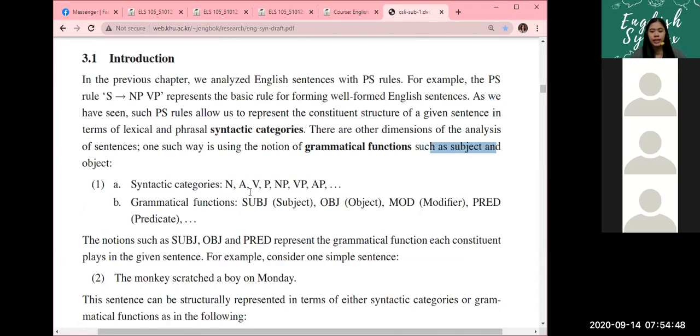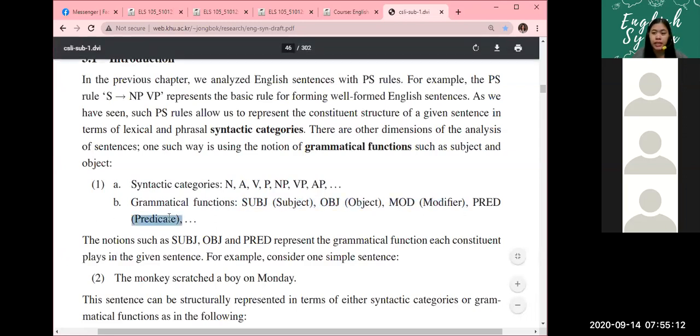These are labels of the specific grammatical function of words or phrases in a sentence. Syntactic categories are noun, adjective, verb, preposition, NP, VP, AP. For grammatical functions, we have subject, object, modifier, and predicate of the sentence.